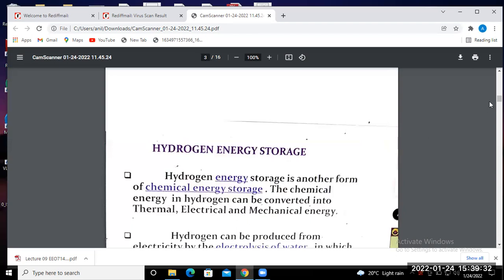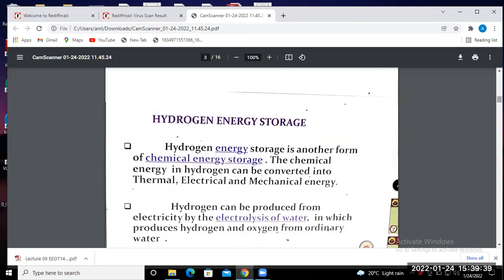Next, we concern ourselves with how hydrogen can be produced. How can we produce hydrogen? From electricity, by the electrolysis of water, in which hydrogen and oxygen are produced from ordinary water. Our main objective is to produce hydrogen. If you take the electrolysis of water, then you can separate it into hydrogen and oxygen.